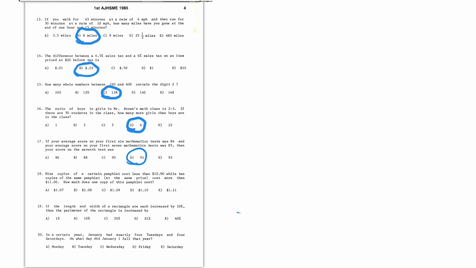So the 9 copies cost 9x. 9x costs less than $10. That means 9x is less than 10. To solve, divide both sides of the inequality by 9. That will be 10 over 9, that's 1.1 repeating.